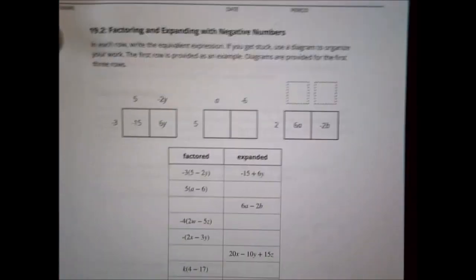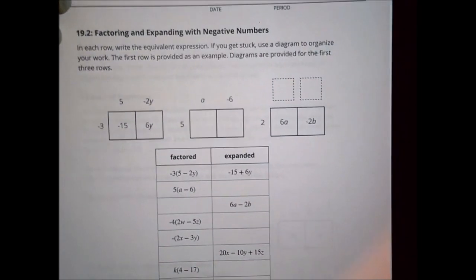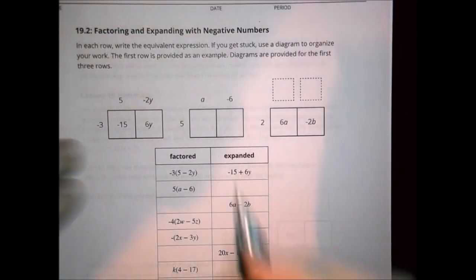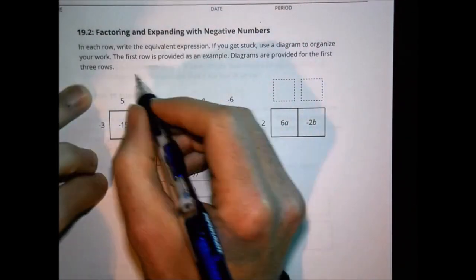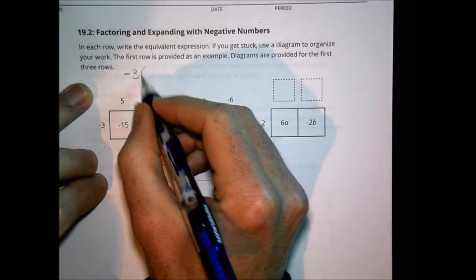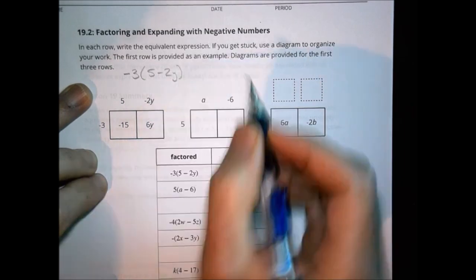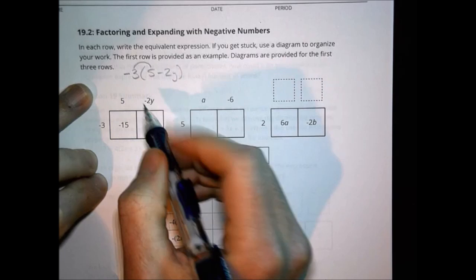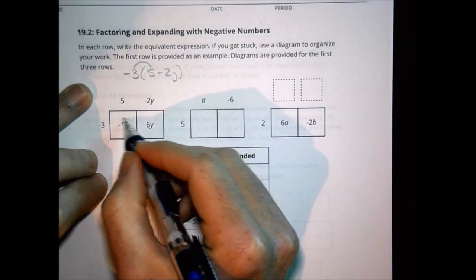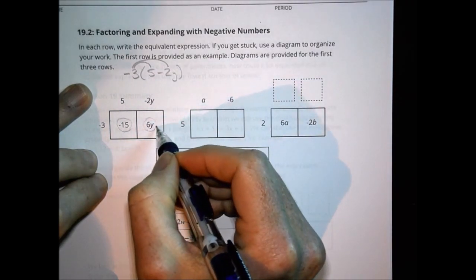Today's lesson here is on factoring and expanding with negative numbers. And it's a really important skill for you to learn how to master and do regularly on your own. And so we have a lot of practice with this today. This may be the first time you're really seeing this, but the idea is that if we know how to distribute something, that means if we know how to take a negative 3 and multiply it into a 5 minus 2y, when I take this expression right here and I distribute, I do negative 3 times 5, which gives me negative 15, and a negative 3 times a negative 2y gives me the positive 6y.